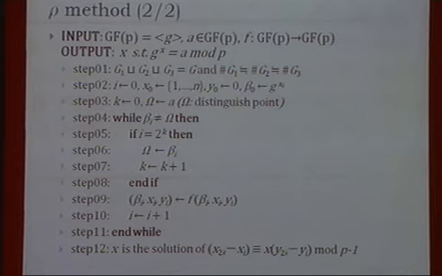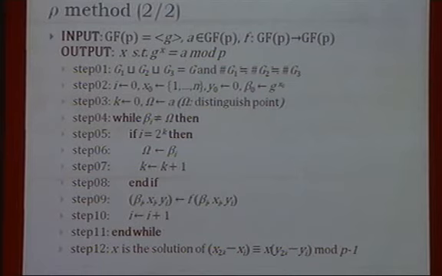Finally we get a collision with a distinct point and beta i. Then we finish the loop. Then we found this relation, namely we found the DL, the discrete logarithm x.